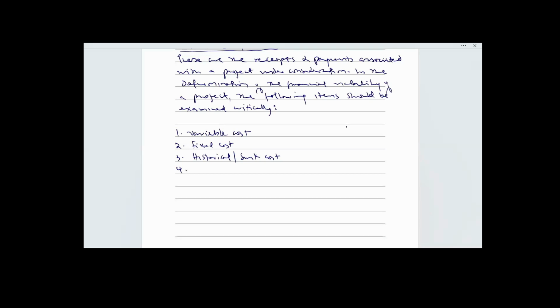Number four, depreciation, amortization or provision.